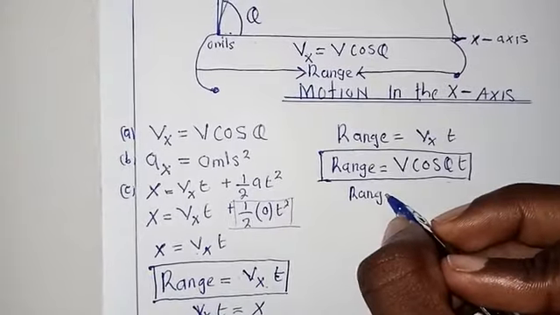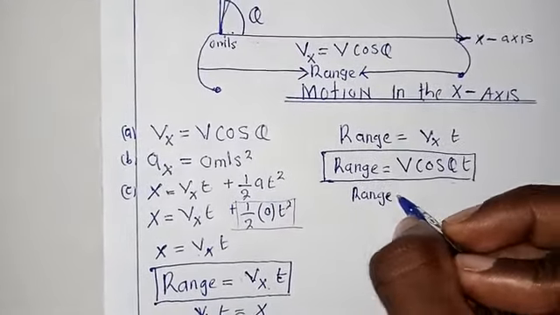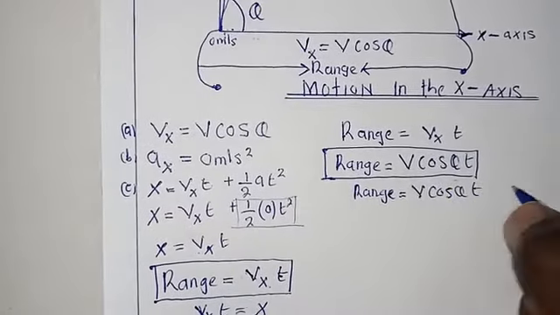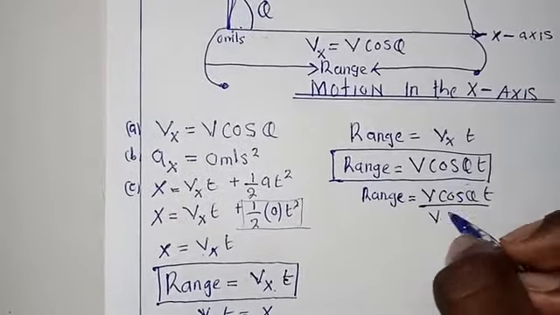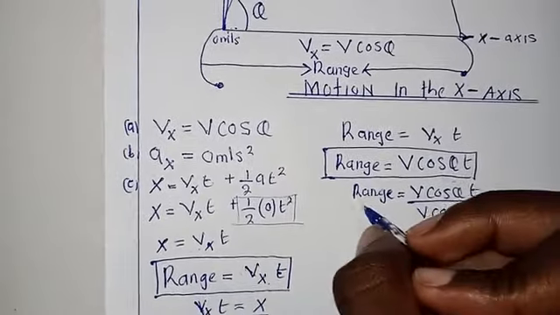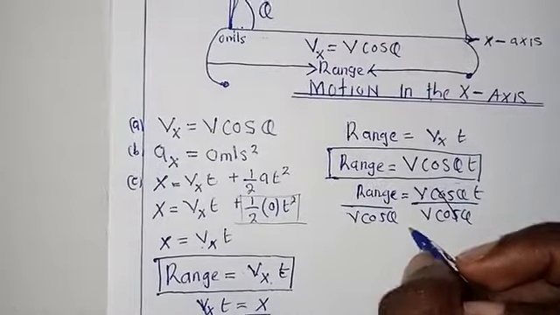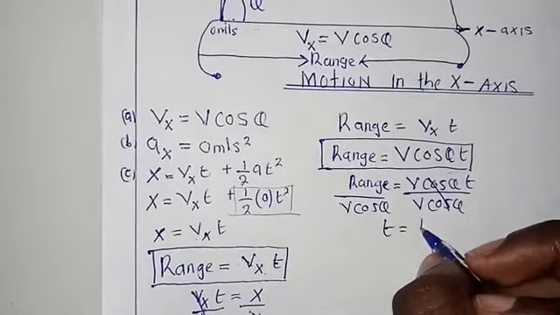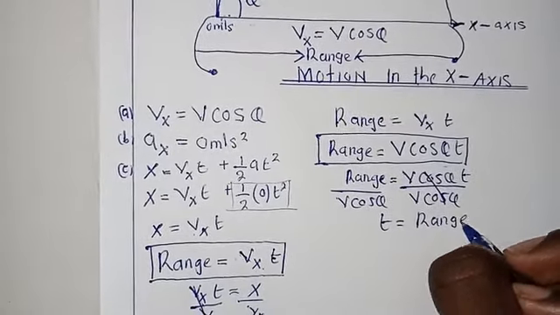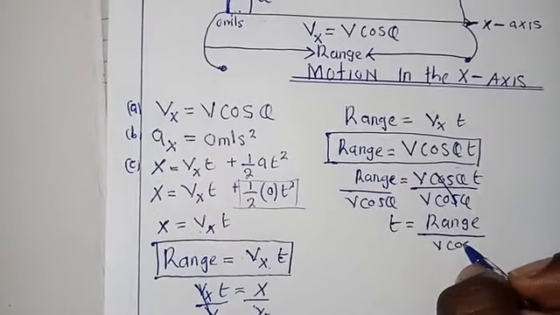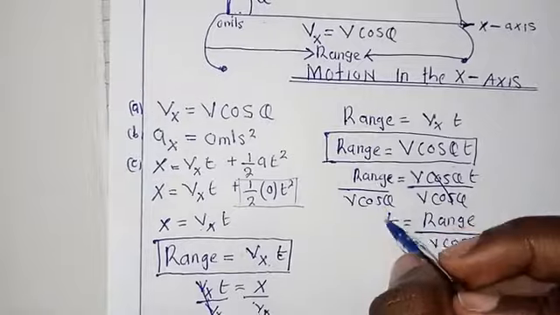Then we can simply say that the range is equal to V cosine theta t, over V cosine theta, over V cosine theta. So we can say t is equal to the range, if you have been given, over V cosine theta.